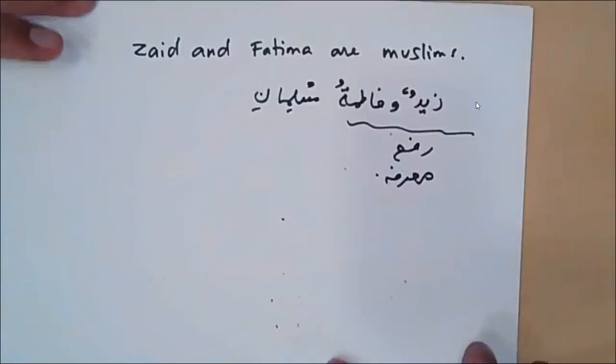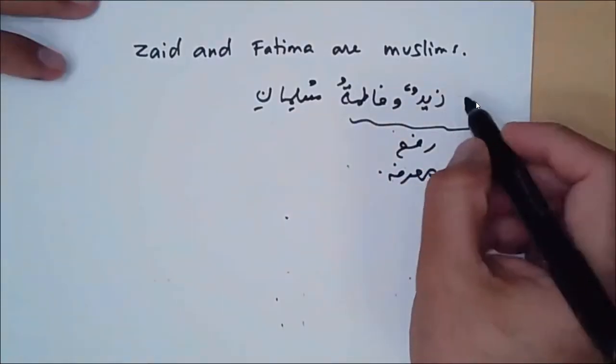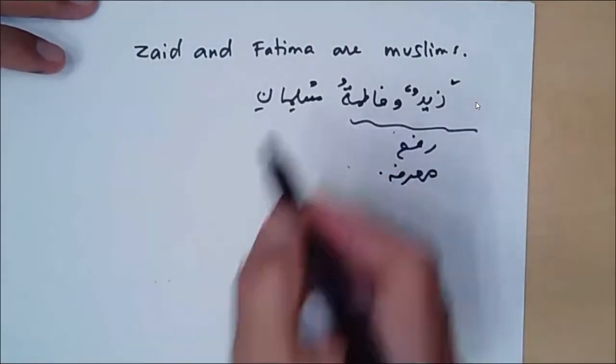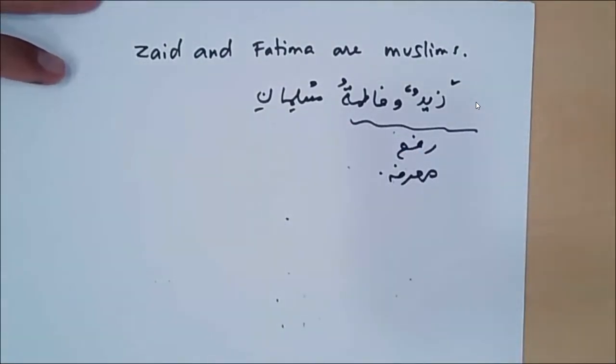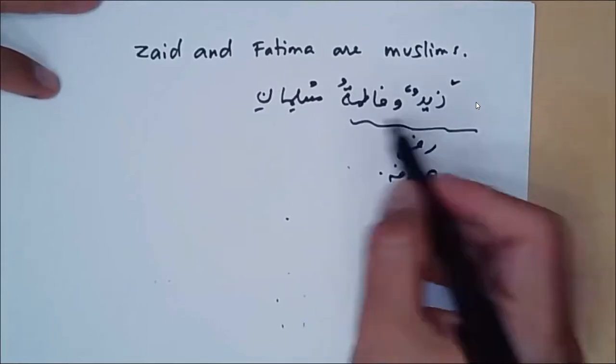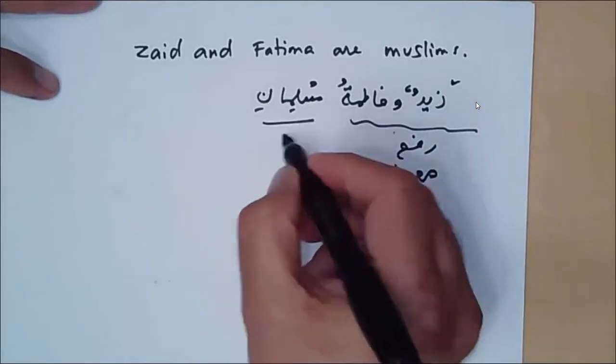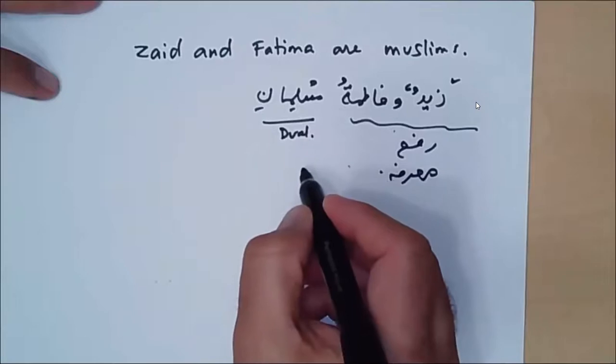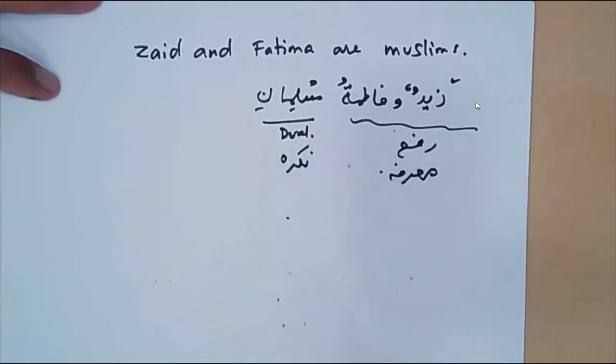In this case, the masculine gender is prominent, so we follow the masculine gender. Are Zaid and Fatima dual? So this is dual, right? Is Muslimani Nakira? Yes.